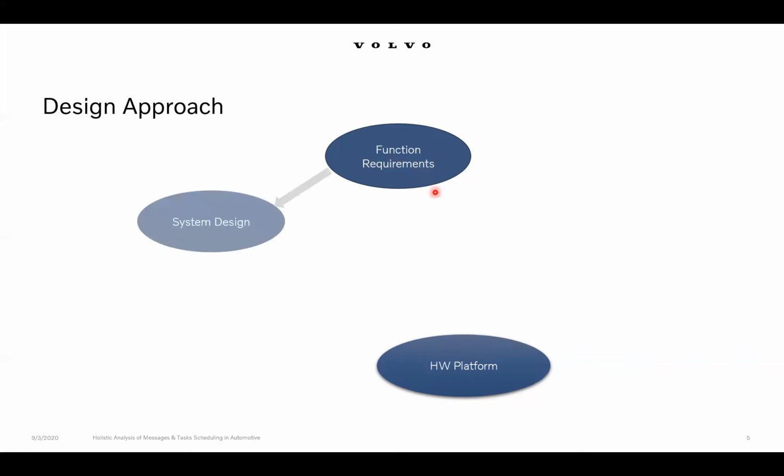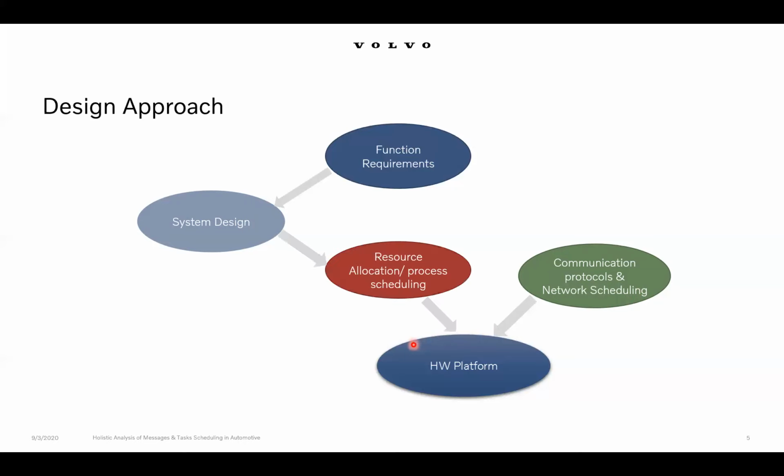So we need to have a group, which is system design, where we belong. We have done some work on the communication protocol and network scheduling, on how the communication works in the platform. What we lack is some method, some tool, to verify how we allocate resources to different tasks or different applications in the system.